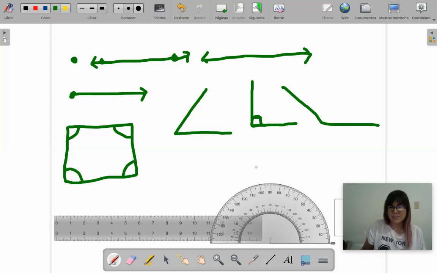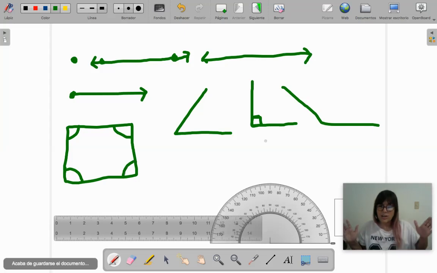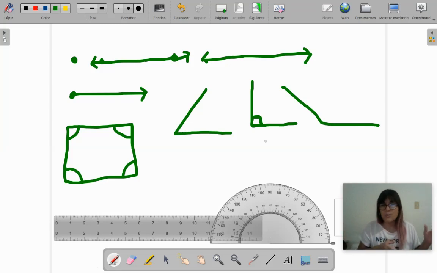This is what we learned in January, the beginning of February, remember? We already even had an exam on that. Okay, so later we went to learn to measure these lines or measure distances, okay?